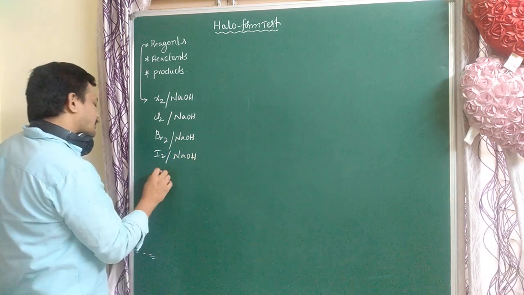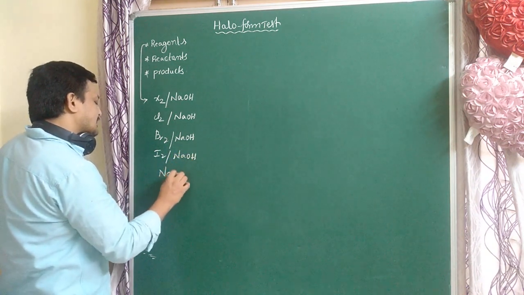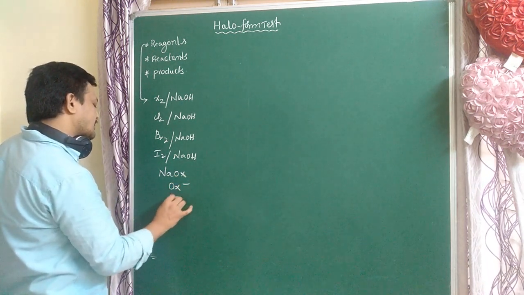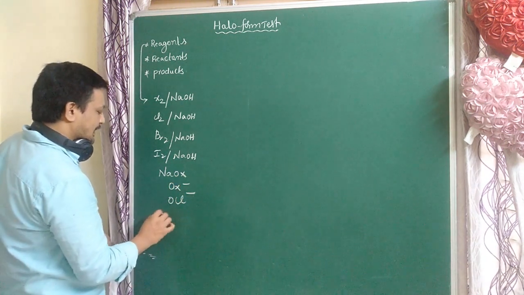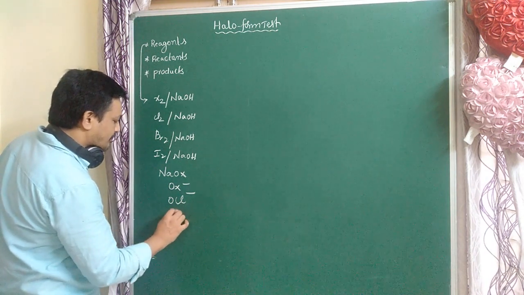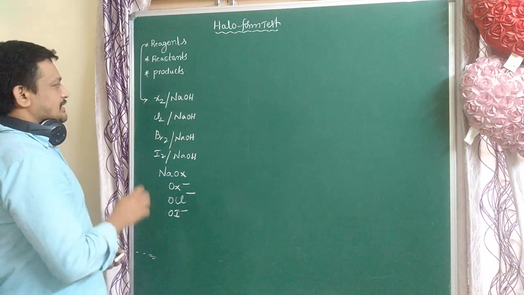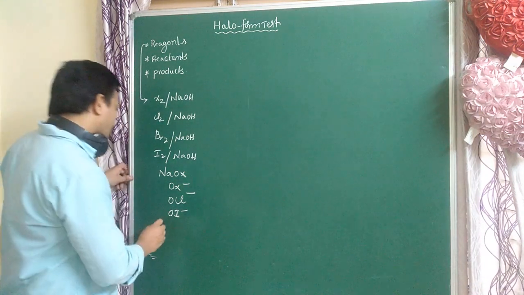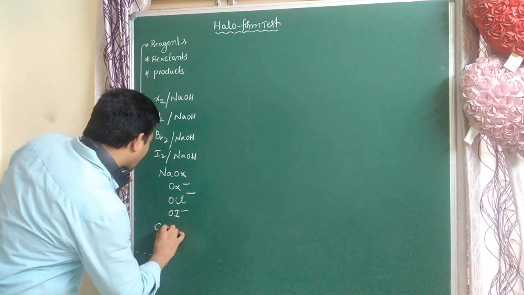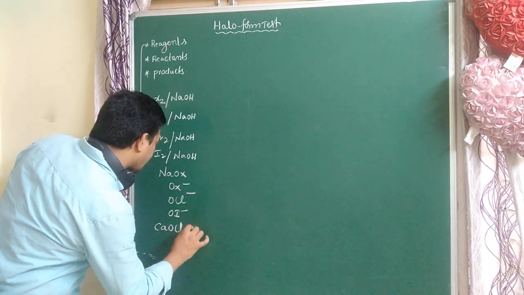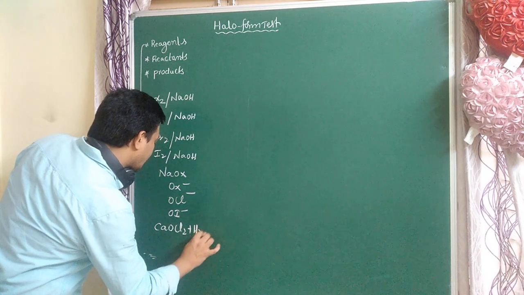In shortcut forms: NaOX, that is OCl minus, OBr minus, and OI minus. These are the reagents. One more important reagent is chlorinated lime, that is the bleaching powder, in presence of water.